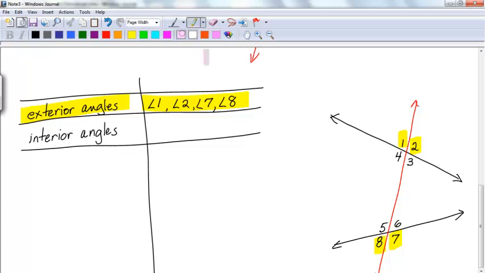So interior angles are angle 3, angle 4, angle 5, and angle 6. They're on the interior.